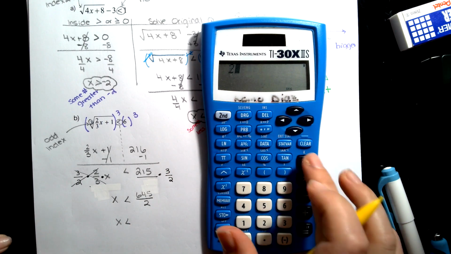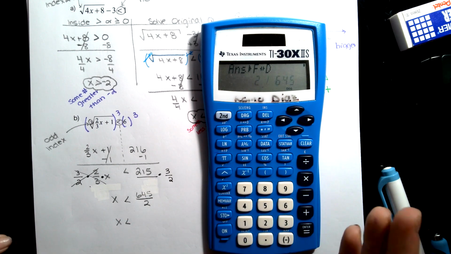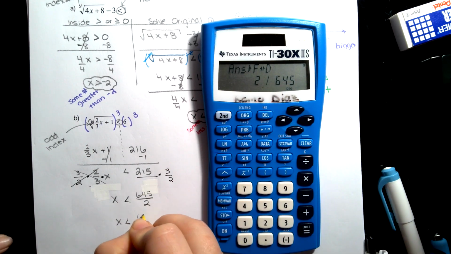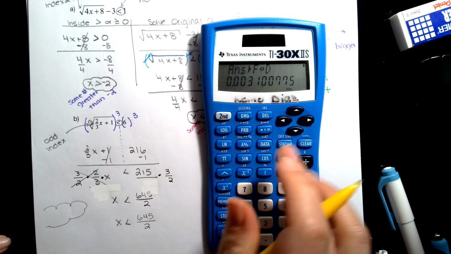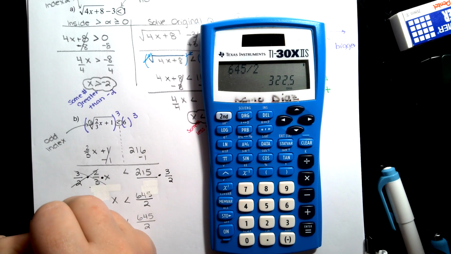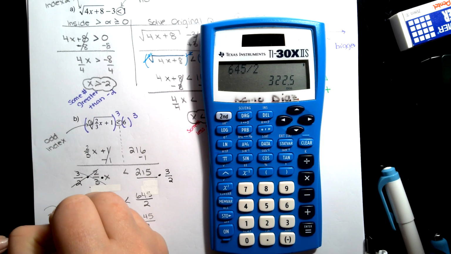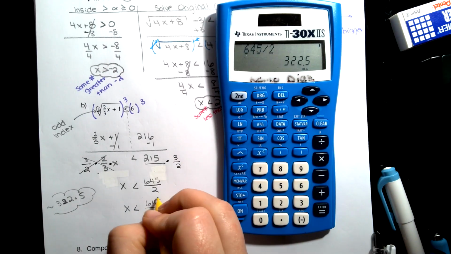We can also do it the other way. 2 divided by 645. And again, that doesn't simplify, so we keep our fraction. I am off to the side going to write out, oops, not that. This is about 322.5. And that's pretty much it.